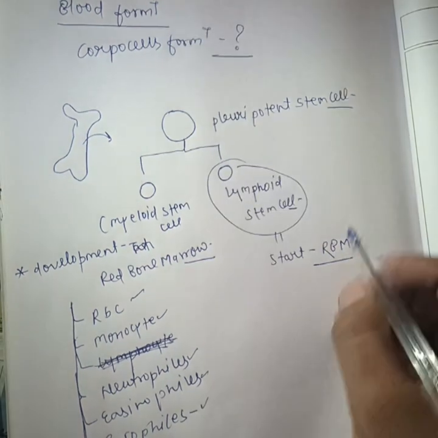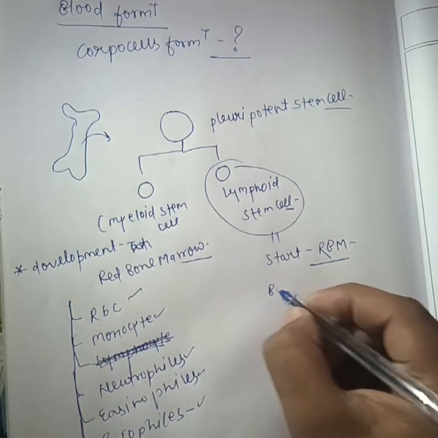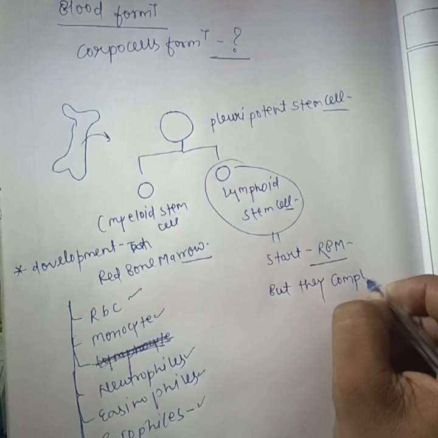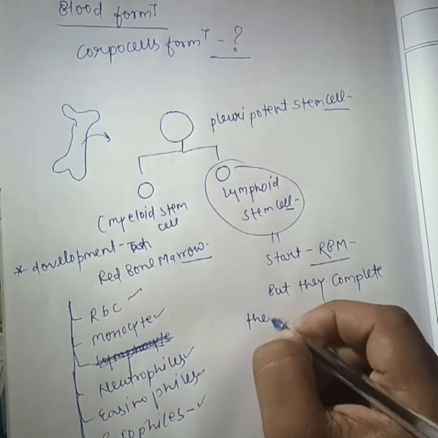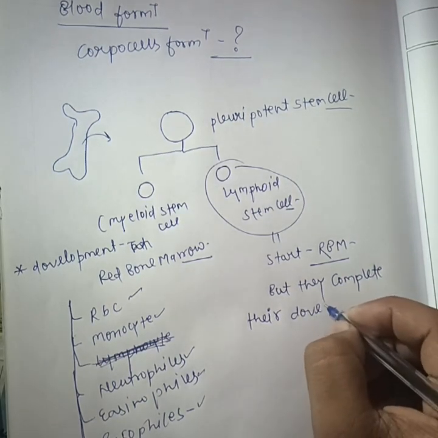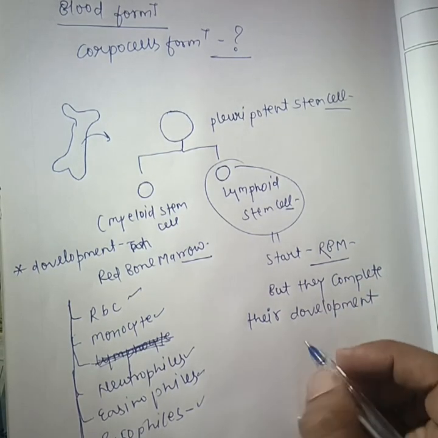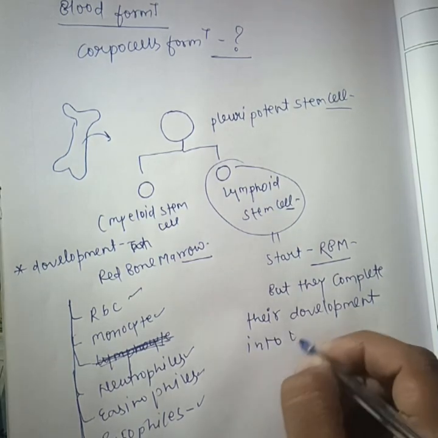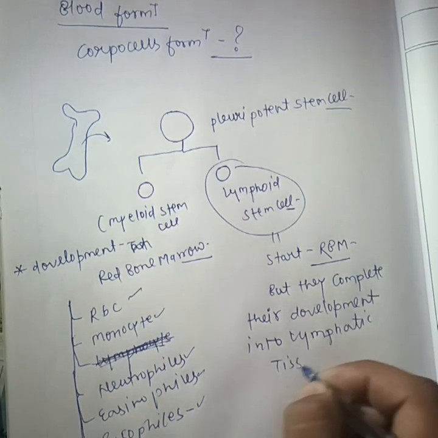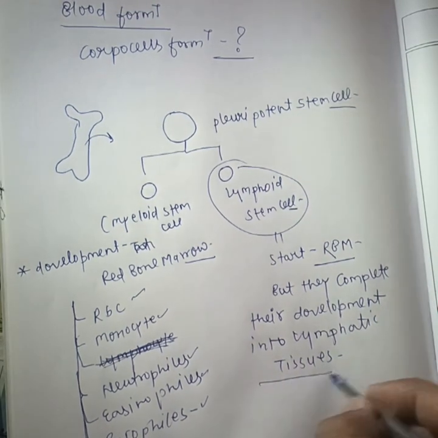They start their development in the red bone marrow, but they complete their development in the lymphatic tissues.